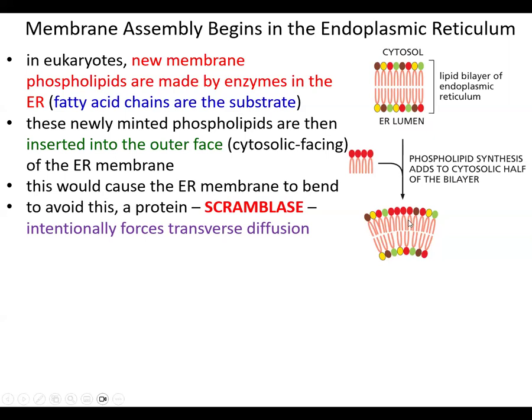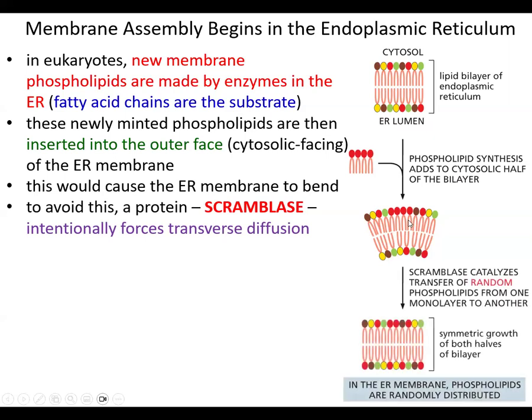Scramblase intentionally scrambles the phospholipids of the membrane, goes for uniformity and heterogeneity. So scramblase intentionally forces transverse diffusion to get some of those newly inserted phospholipids onto the other side of the membrane, the other leaf of the membrane, making the number of phospholipids on both leaves roughly equal, and then no bend is induced.